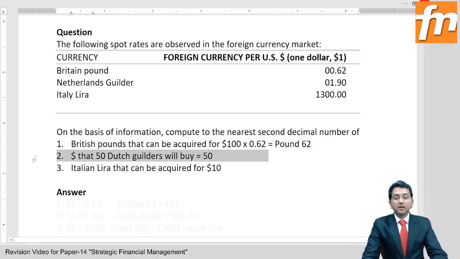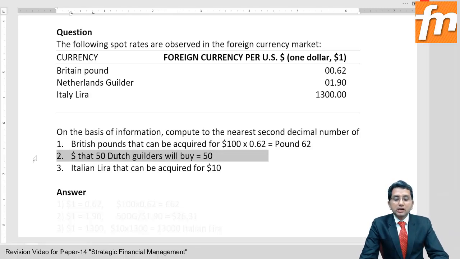Next, the dollars that 50 Dutch guilders will buy. So now the currency is the Dutch guilder, that is Netherlands guilder. 50 guilders are there, but the rate is not available for 1 guilder.